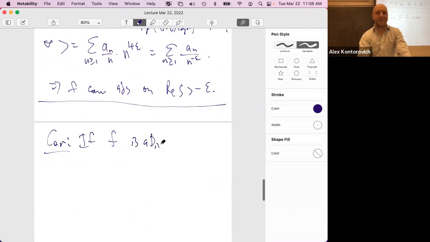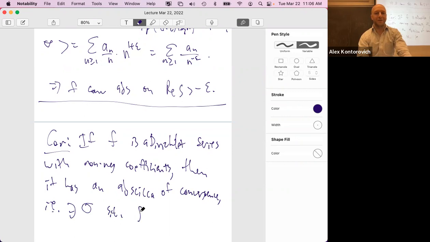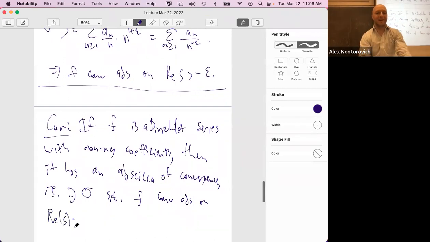If F is a Dirichlet series with non-negative coefficients, then it has an abscissa of convergence, i.e., there exists some sigma such that F converges absolutely on real part of s greater than sigma and not on real part of s less than sigma.